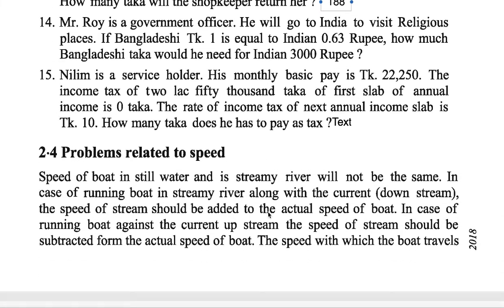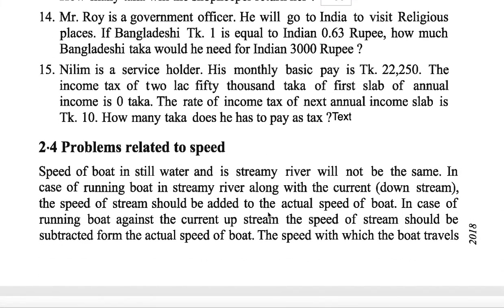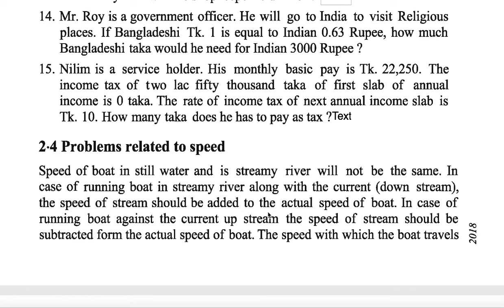Mr. Roy is a government officer. He will go to India to visit religious places. If Bangladeshi 1 taka is equal to Indian 0.63 rupees, how much Bangladeshi taka would he need for Indian 3000 rupees? That is a simple calculation.